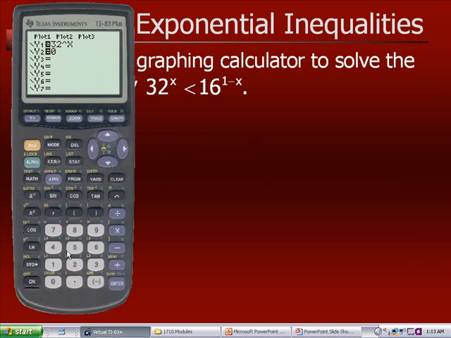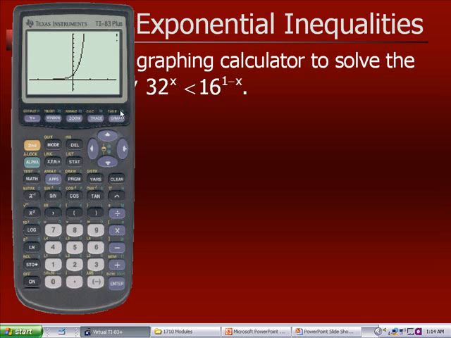And then the second one we're going to do is 16 to the power of 1 minus x. It's hard to see that in there. Let's zoom in just a little bit. Zoom to, intersect, we could go to window, change our y values maybe up to 10. That's going to take our graph just a little bit higher.